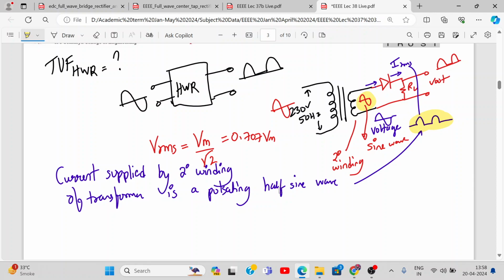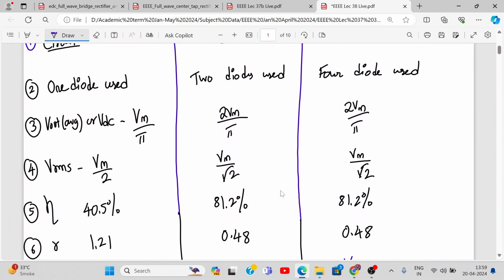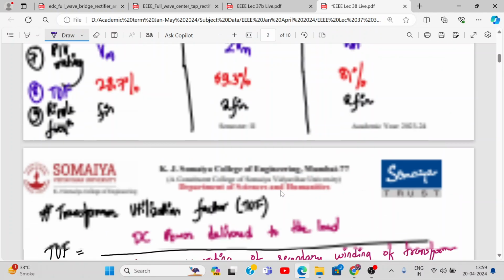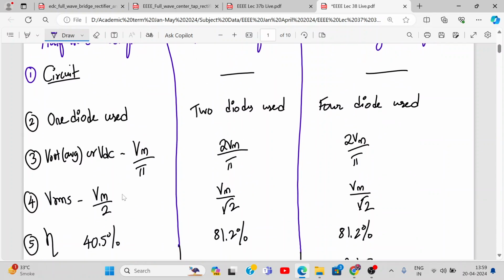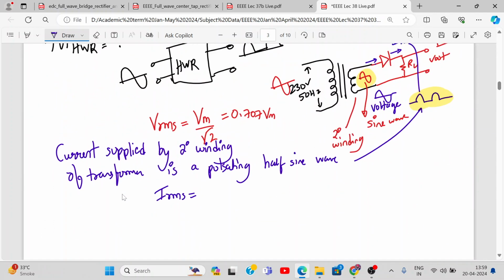For this waveform we have calculated IRMS. How much should IRMS be? Im by root 2 or Im by 2? Half wave rectified. Yes, perfect. It is Im by 2 for a half wave rectified. So here we write IRMS is Im by 2.